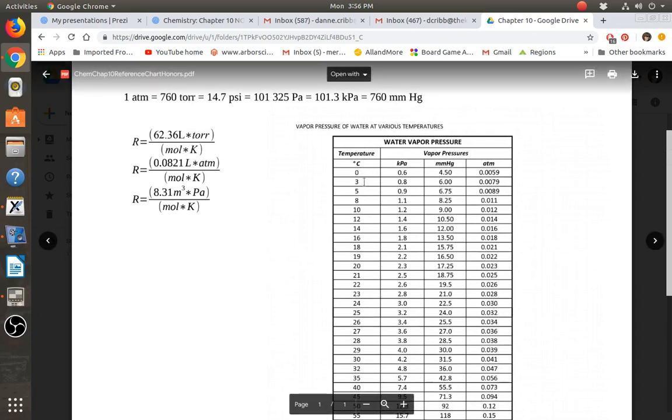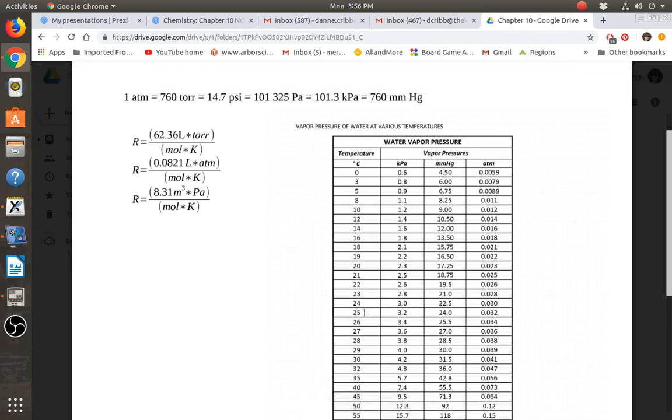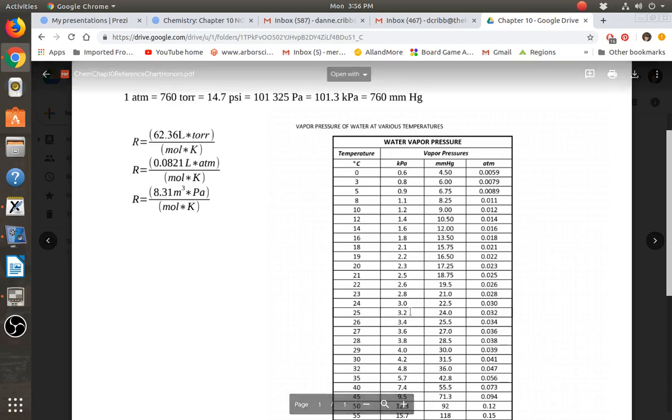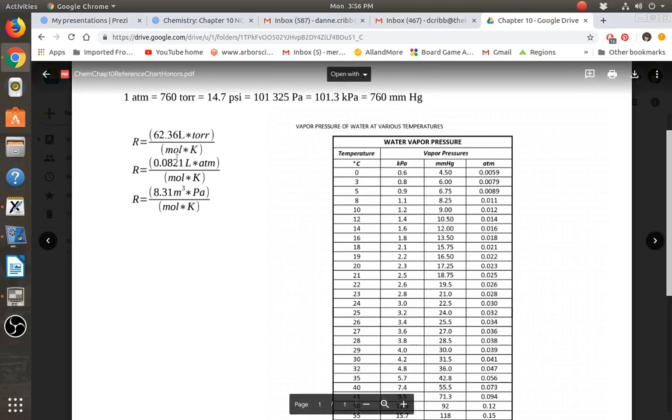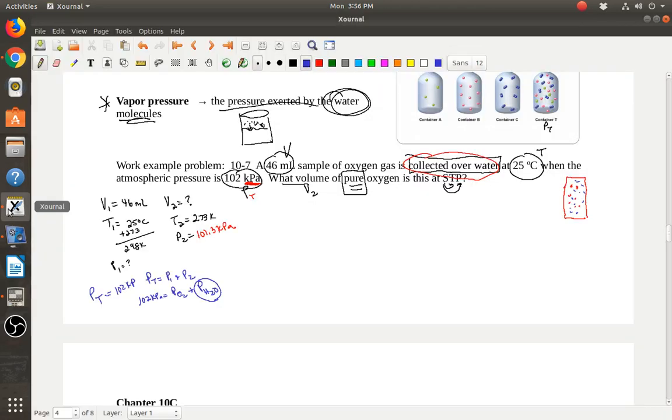So what I do is I go down to the temperature 25 degrees right here, and I go over to the column that's kilopascals, and it says 3.2. So 3.2 kilopascals is the pressure of water at 25 degrees. So that's what goes in this spot right there. All right, so now 102 kilopascals is going to equal the pressure of the oxygen plus 3.2 kilopascals.